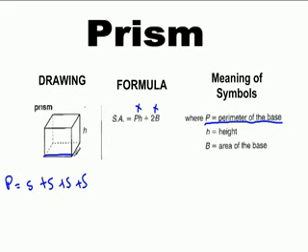And then h is the height, which again is back here. And then you're going to add to it 2 times b, which is the area of the base. So again, the b is length times width.